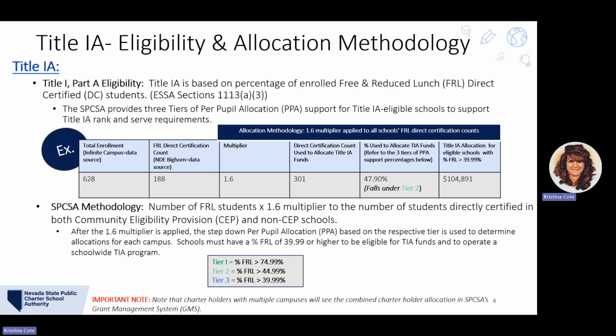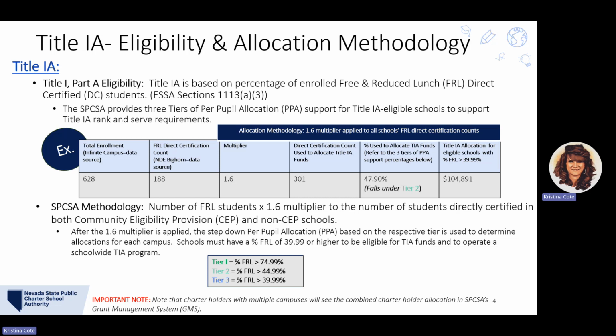So here's a quick example table. As you can see, the total school enrollment is 628, which was pulled from Infinite Campus. The free and reduced lunch direct certification count data for this school is 188, which is data provided by Nevada Department of Education's Bighorn portal, which is validated.